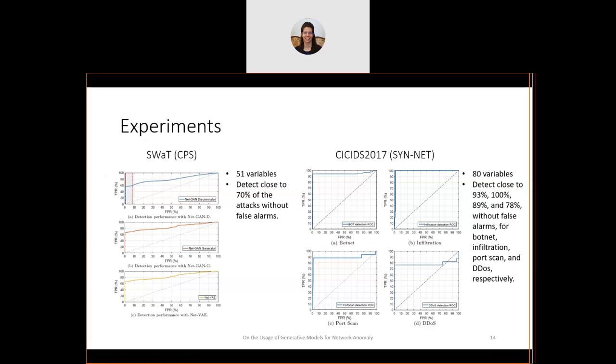This set has two parts, one without attacks to train the models, and the other with attacks that have been labeled by time only. The best results were obtained for the detection of residual loss, okay, in both approaches, NetGAN and NetBAL. We can detect close to 70% of the attacks without false alarms. These results are very close to the state of the art.